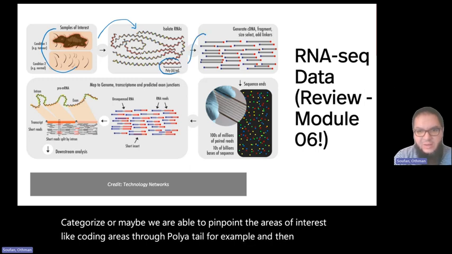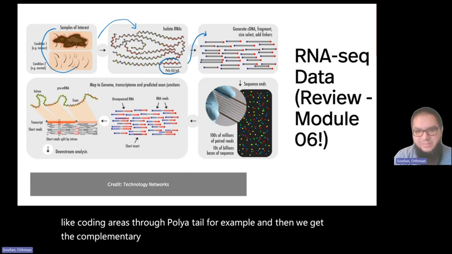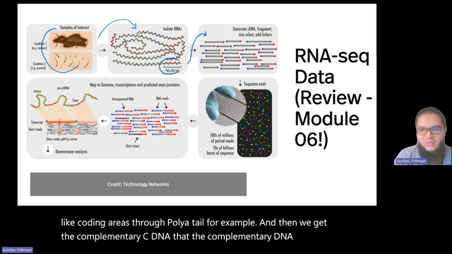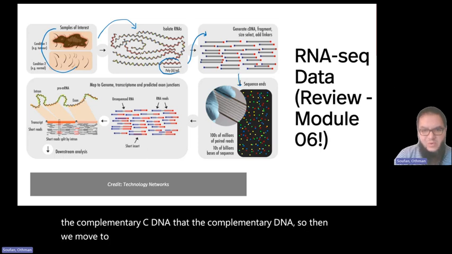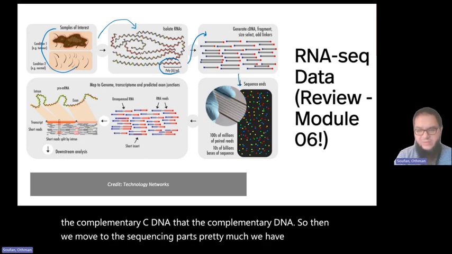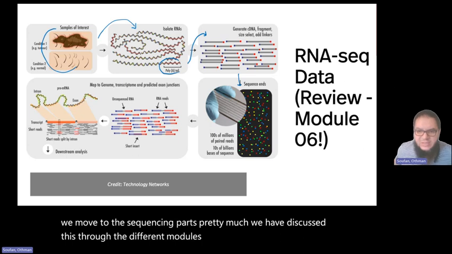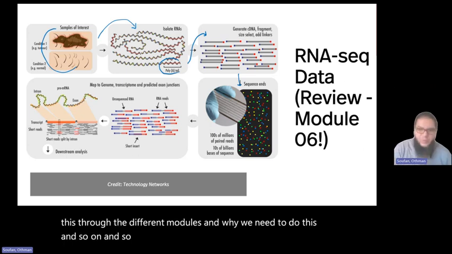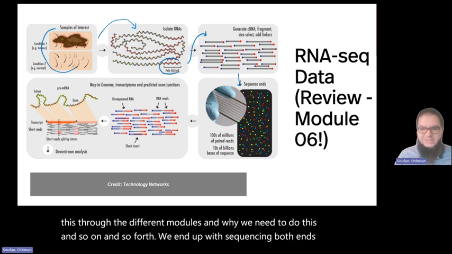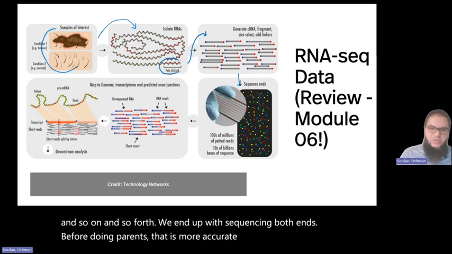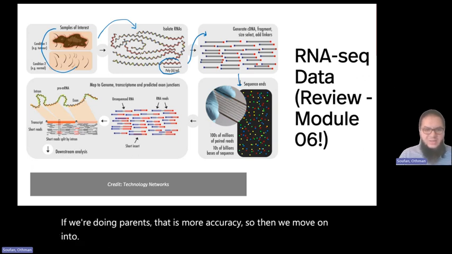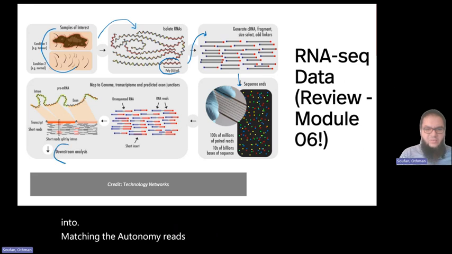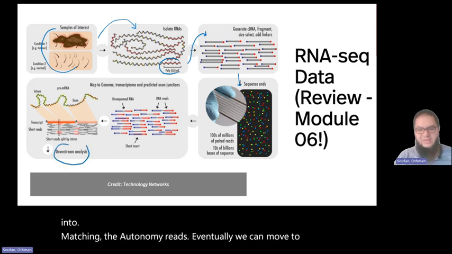And then we get the cDNA, that's the complementary DNA. So then we move to the sequencing part. Pretty much we have discussed this through the different modules and why we need to do this. We end up with sequencing both ends. If we're doing paired ends, that is more accurate. So then we move on into matching the RNA reads. Eventually we can move to some downstream analysis.